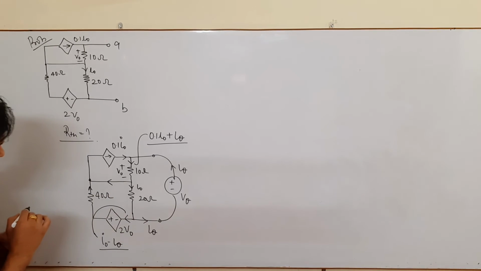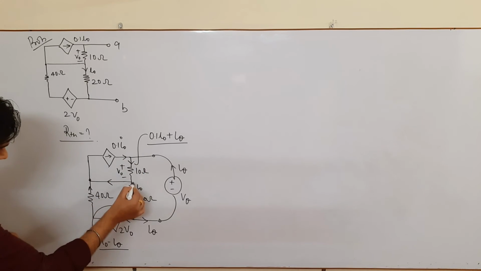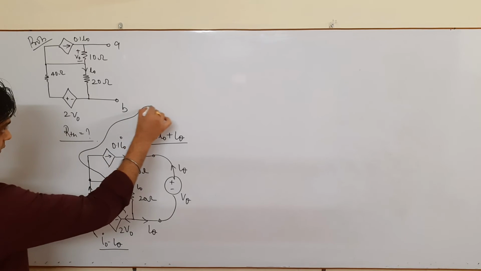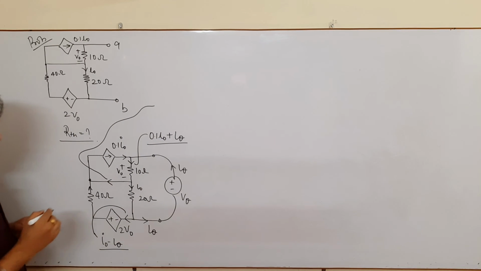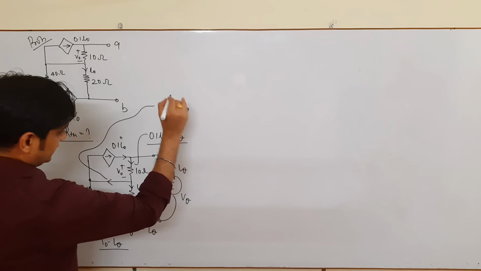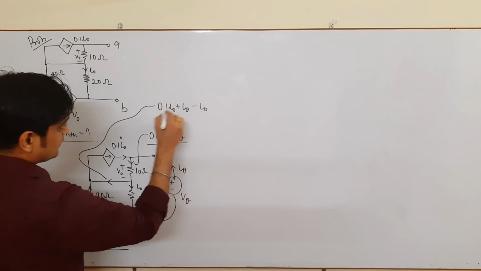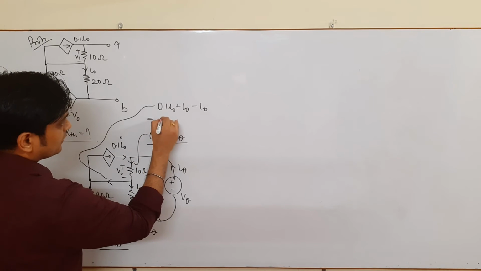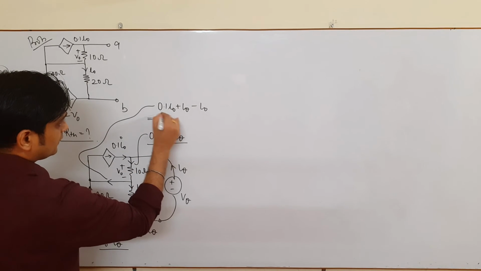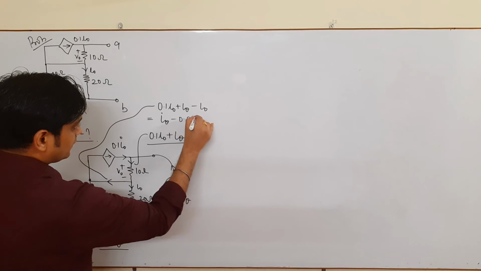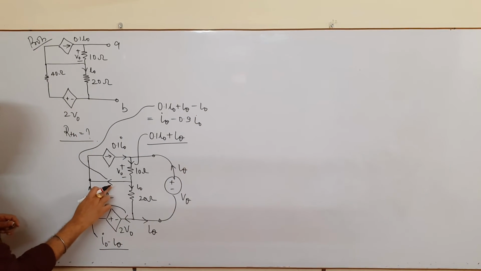Now what is the current here? Can we find this current? See, this current I naught is coming here. So what is the current here? It is 0.1 I naught plus I theta minus I0. So that comes to be I theta minus 0.9 I naught, the current which is flowing here.